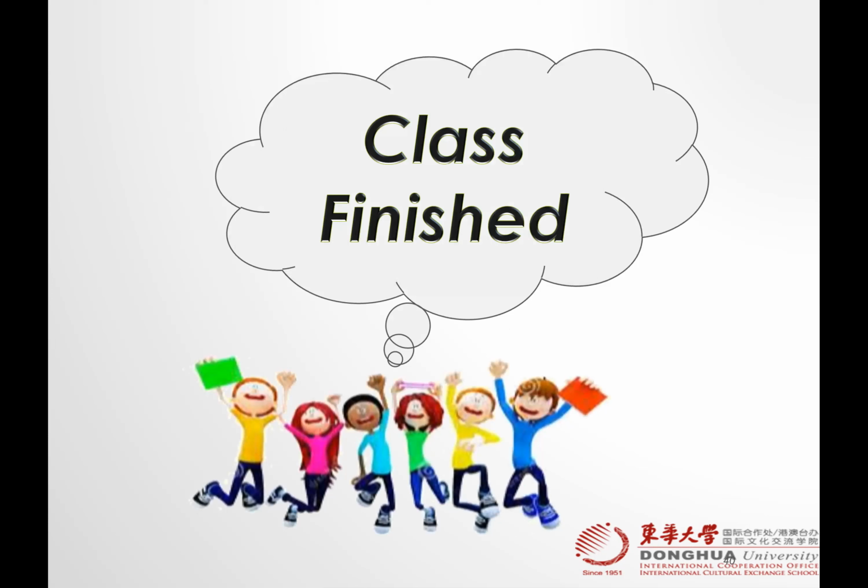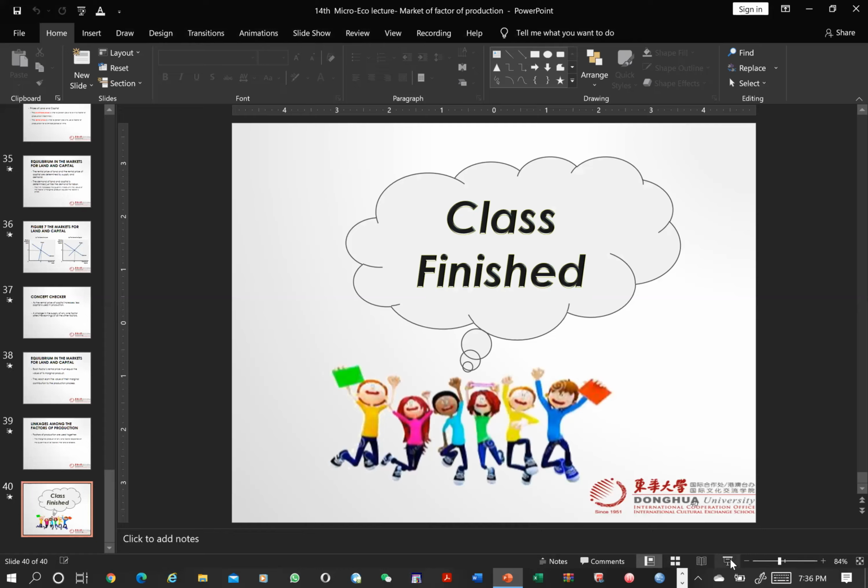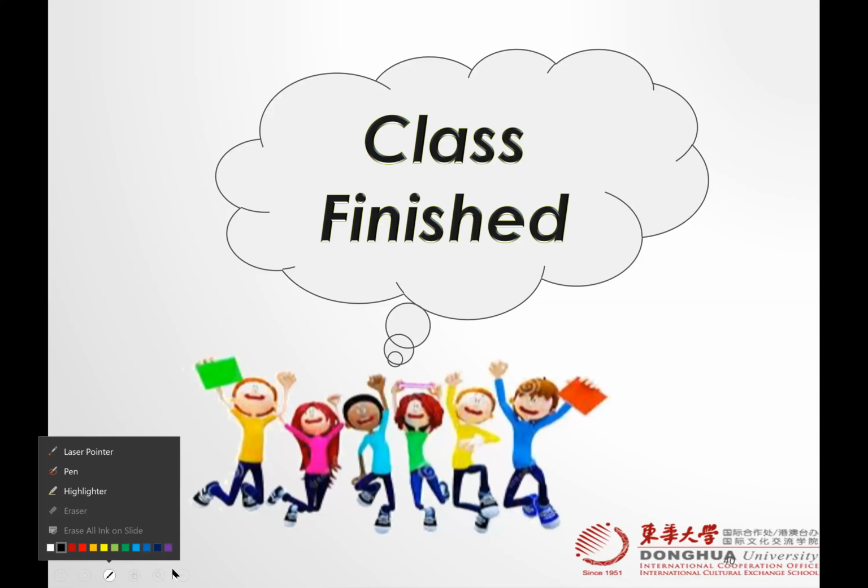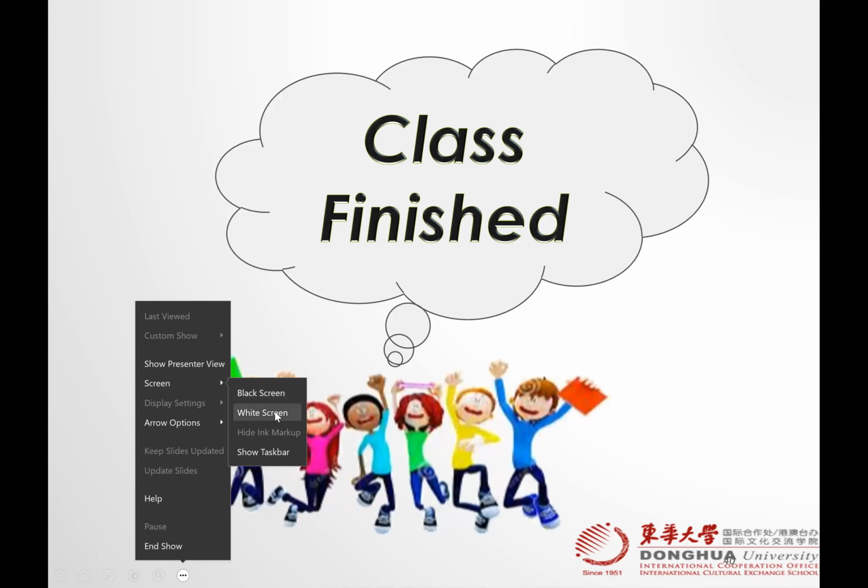So if you understand this, then I think we are in good shape to end our class. So for just revision, what we have learned today, we learned how the decisions are made about factors of production.